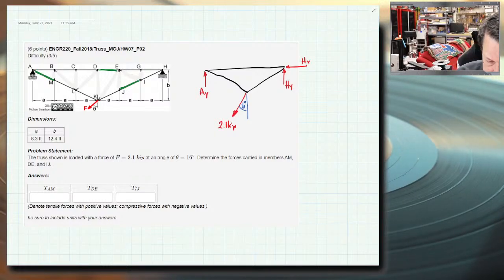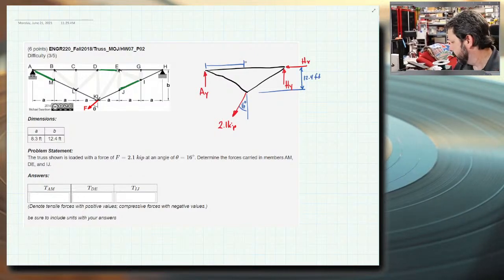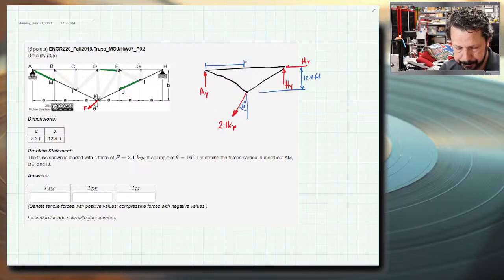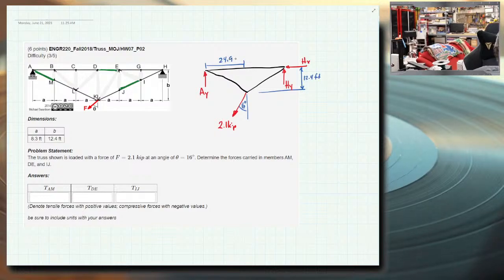It looks like we have dimensions that would say this is 12.4 feet, and this distance is 3 A's. So let's see what that is. 8.3 is A for me. 8.3 times 3 is 24.9 feet.